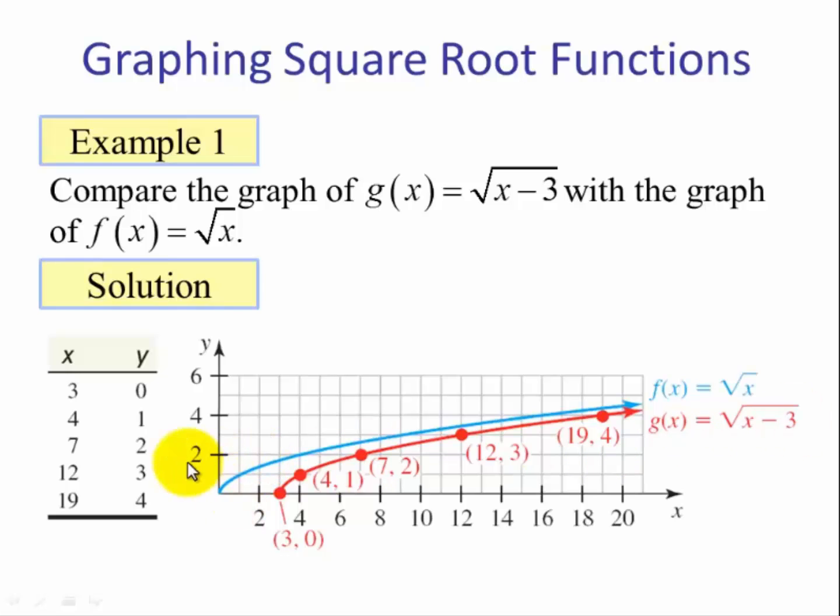And if we look carefully, we see that this is just the parent function moved over 3 units on the x-axis. So when y is 1 for g of x, x is 4. When y is 2, the x has been moved over 3 places.